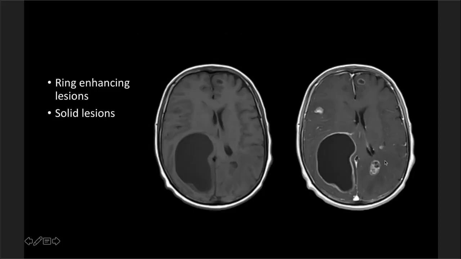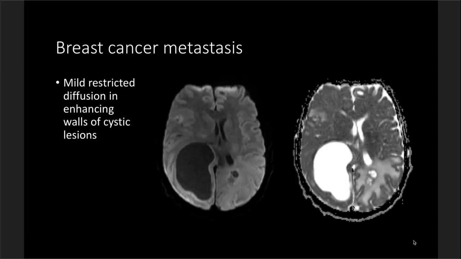Here on pre-contrast T1 and post-contrast, this has a rim of enhancement all the way around. So that's a large cystic metastasis. Here we have some smaller cystic metastases and some solid metastases. So these are all metastatic lesions from breast cancer. Here on the diffusion-weighted image, we do have mild restricted diffusion in the wall of some of these lesions.